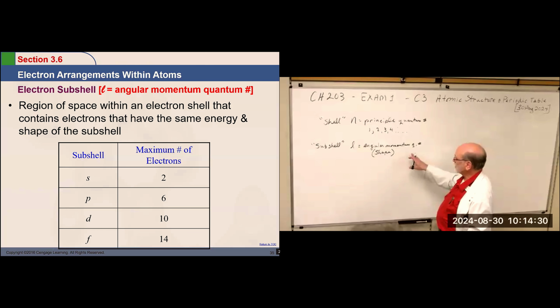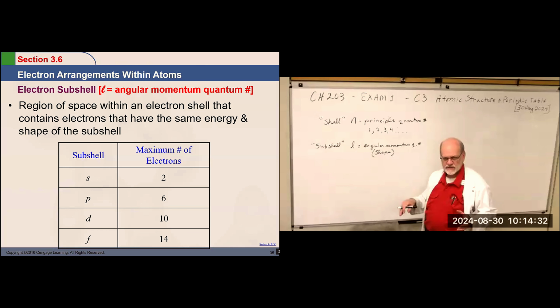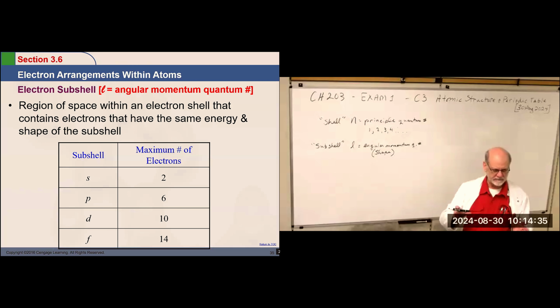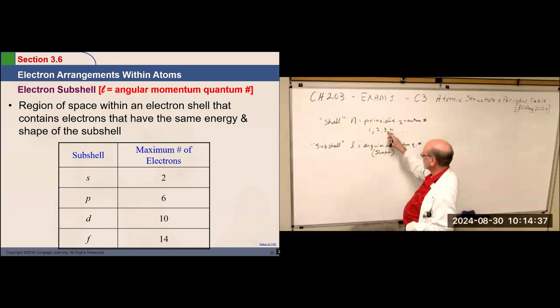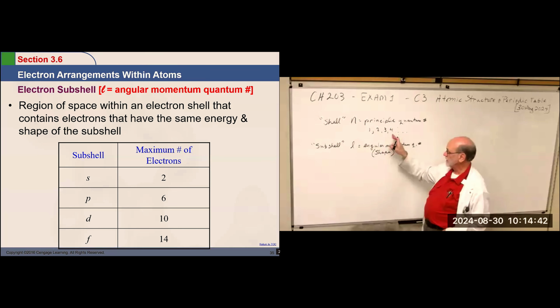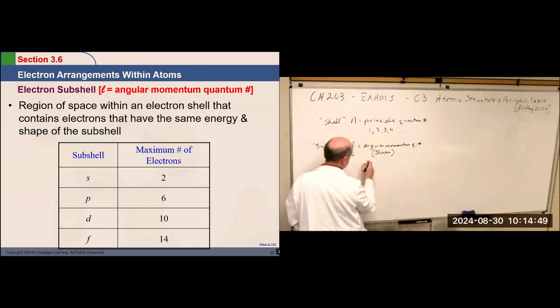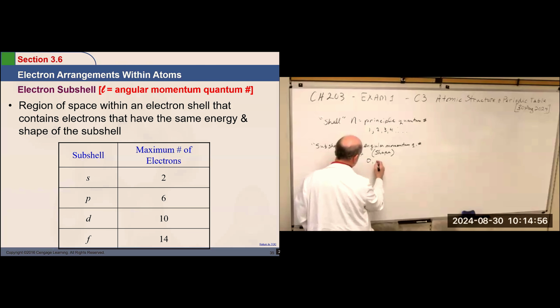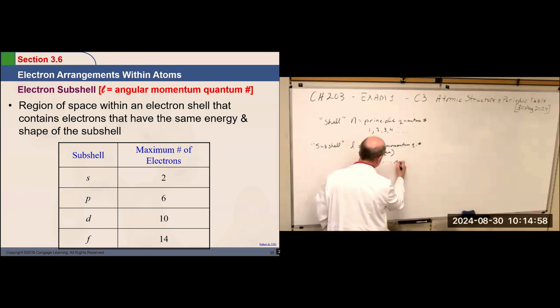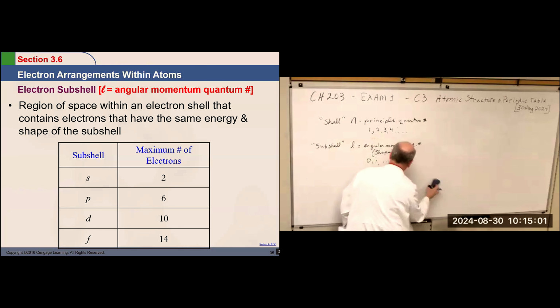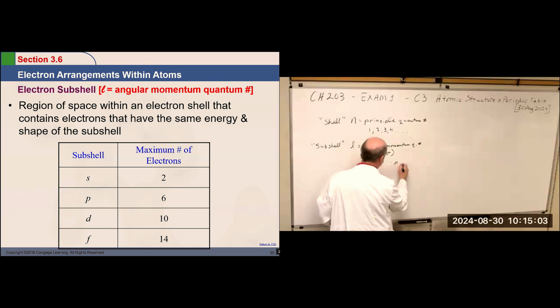But the numbers that can be applied to this one, think of it as a branching root or a tree. So if you start with one of these, then one of these can give rise to several of these. And each one can give rise. So for this one, you have the possibility of 0, 1, up to N minus 1.